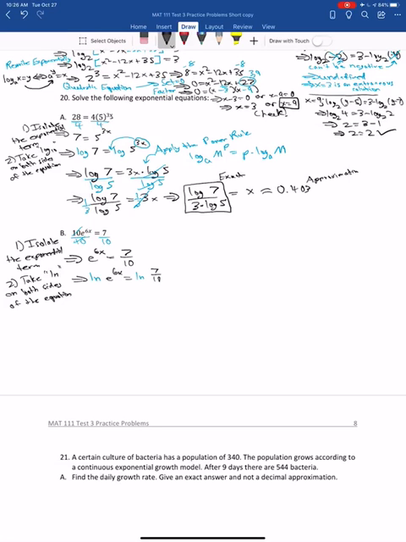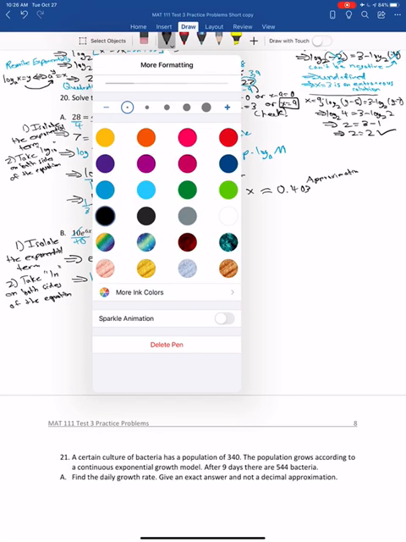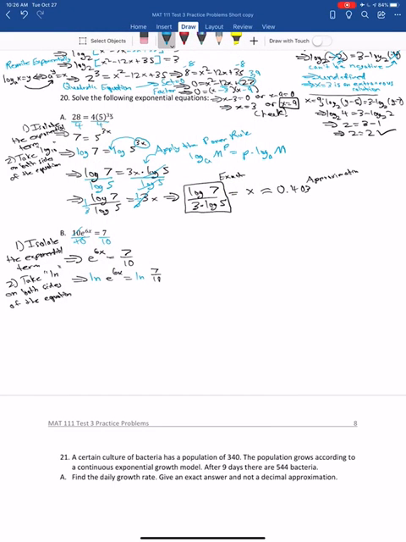Now with that said, now we're using the property. We could use the power rule if we wanted. But I know that in a logarithm with the same base, I'm going to use a simplifying property. We know that log base a of a to the x power simplifies to x. So let's use that.